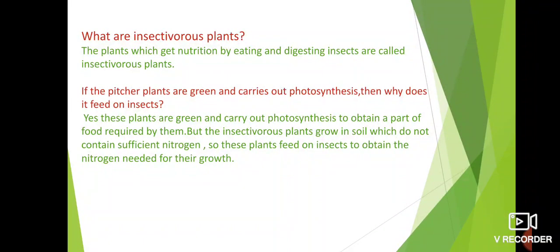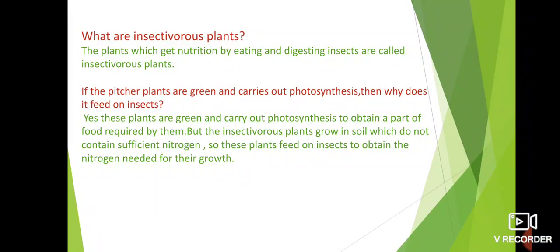They are green and show the presence of chlorophyll and carry out photosynthesis to obtain their food, but they require nitrogen and grow in soil where the amount of nitrogen is less. That's why these plants feed on insects to fulfill their requirement.